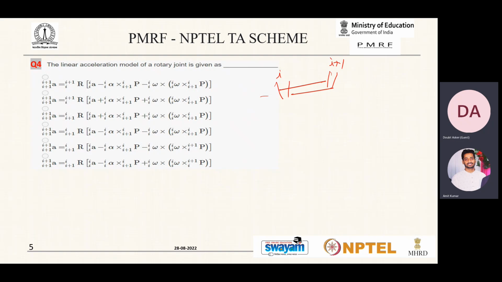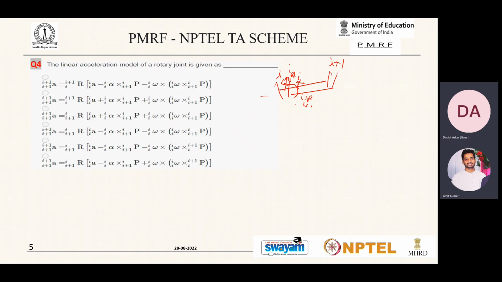So what can be given is A in terms of I, then alpha will be given in I. This means alpha of the ith link in the ith frame. Then the linear acceleration A will be given in the ith frame. And this will be P. Suppose it's given from I plus 1 to I.